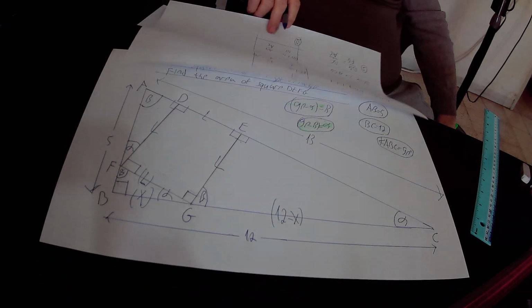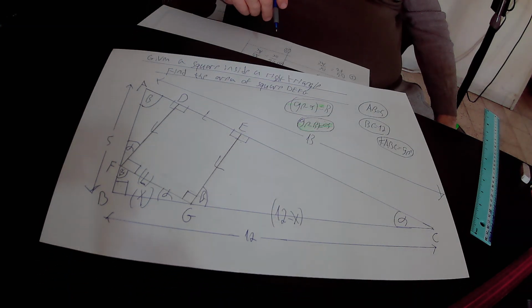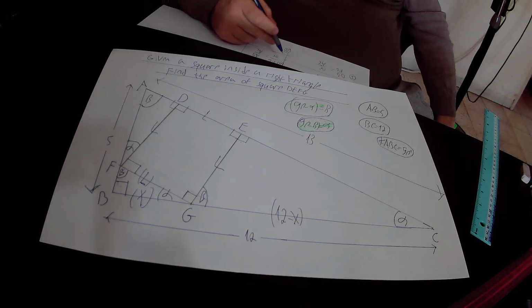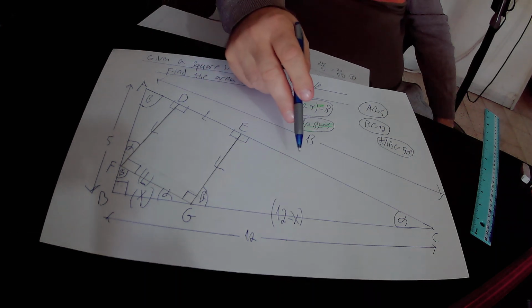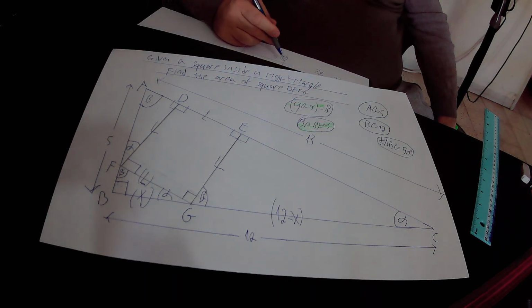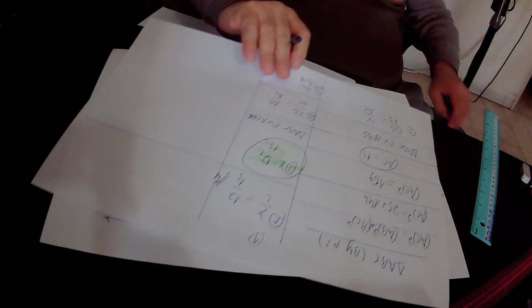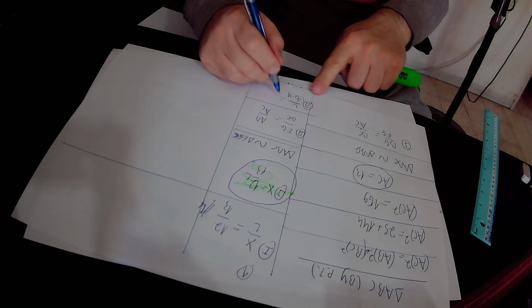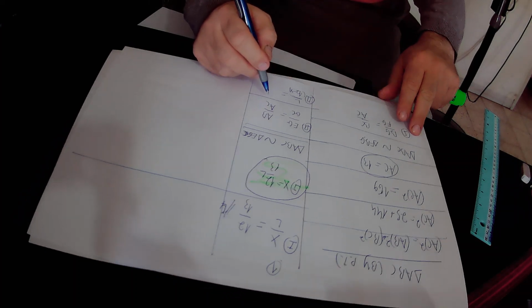So EG over GC. EG is L over GC, and GC is 12 minus X. So EG over GC is actually L over 12 minus X, and it equals AB over AC.